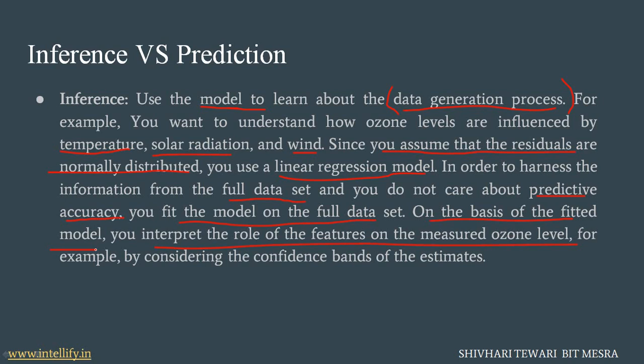That means what the features of measured ozone level are and what is happening in ozone right now. This is what is going on in inference. Basically inference is all about the data generation process, not about forecasting.